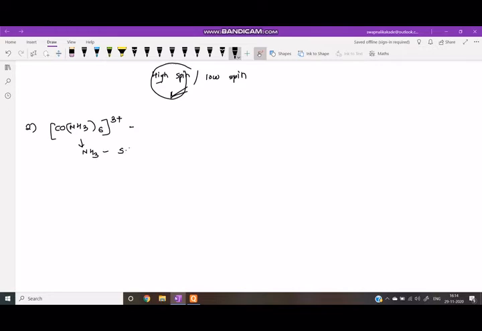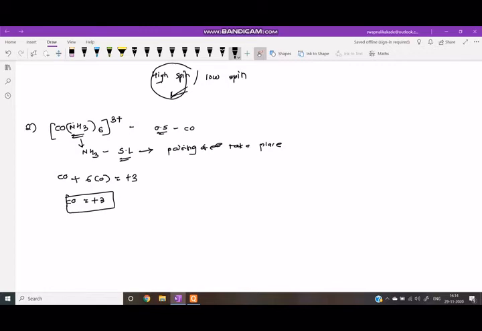This is a strong field ligand, therefore pairing of electrons takes place. First find out the oxidation state of the central atom. The central atom is cobalt. Here the ligand is neutral, no charge on NH3. Therefore, with 6 NH3, the oxidation state of cobalt is +3.